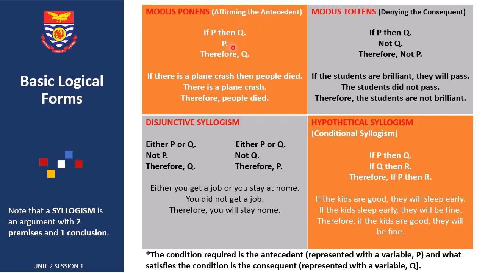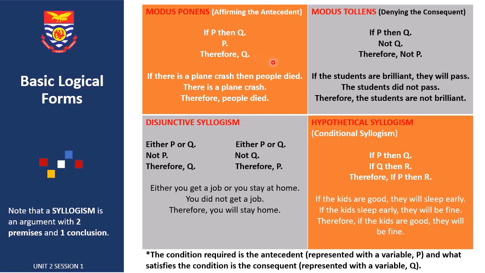And the person comes to affirm what? P. After affirming P, then necessarily Q will follow, because you put P as a condition for Q to follow. So now that you have affirmed that P has happened, then necessarily, consequently, Q would follow. And that makes an example of a modus ponens. I know you can write one example for yourself. Try it.